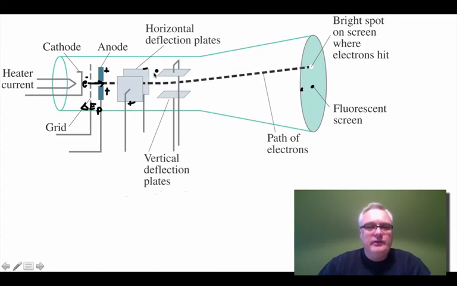And if we changed the sign, making this one positive and this one negative, we could steer the electron beam to the other side. The same thing over here: if this is the positive plate and this is the negative plate, the electron beam would be attracted upwards towards the positive, and you can see here they've already drawn that type of deflection. So these are the vertical plates, and these are the horizontal plates.